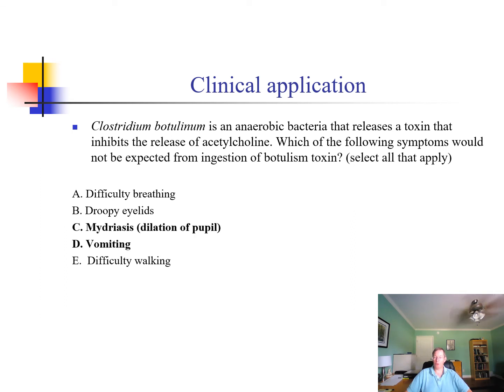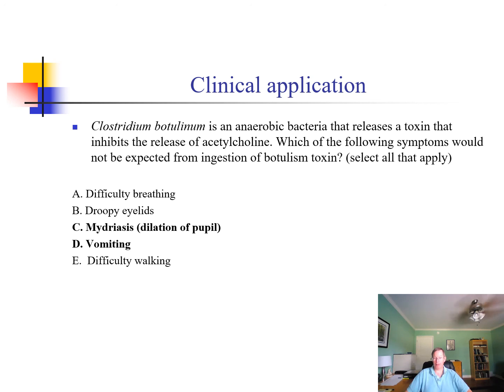So hopefully you saw that in order for you to have some effect of botulism on this, you have to look at which of the muscle groups actually involve acetylcholine. There's only one, and those are the skeletal muscles.